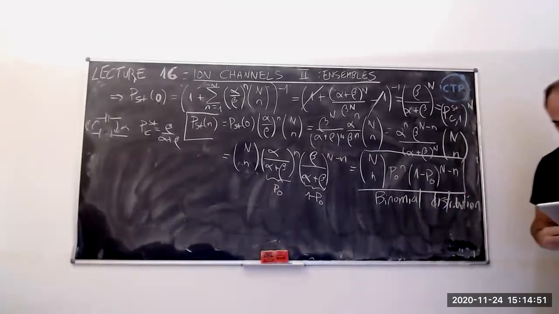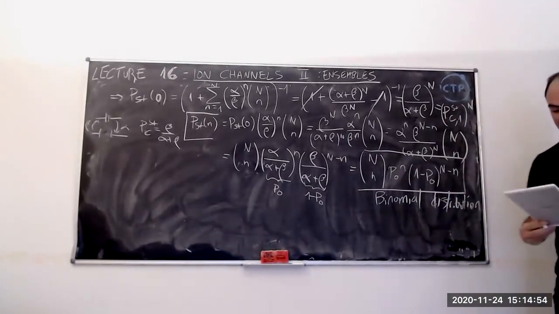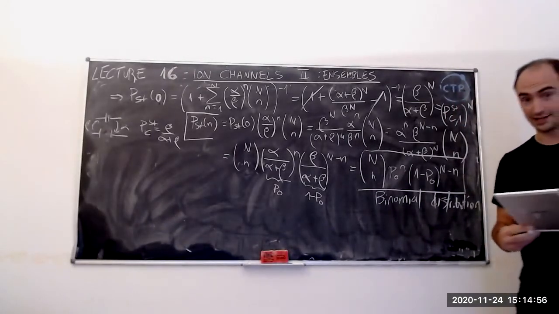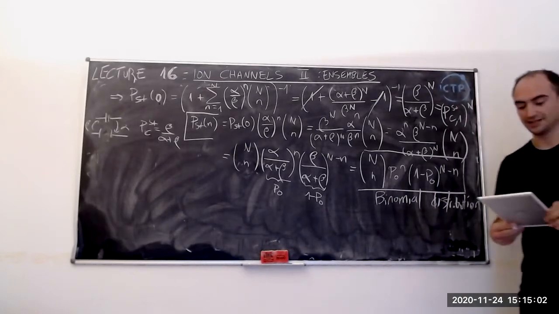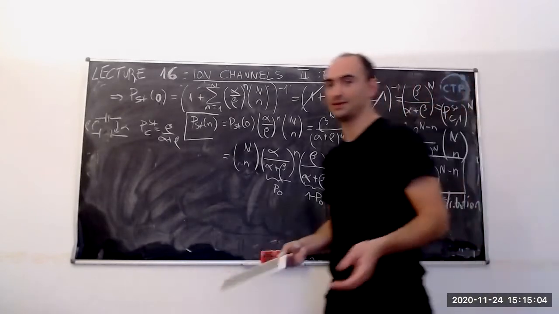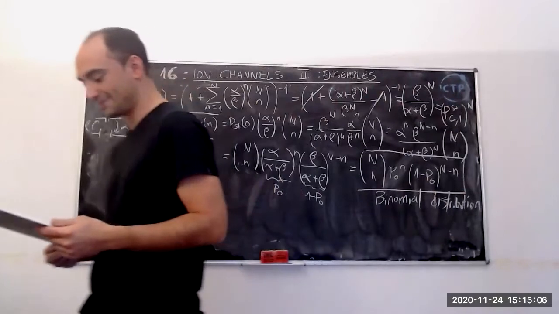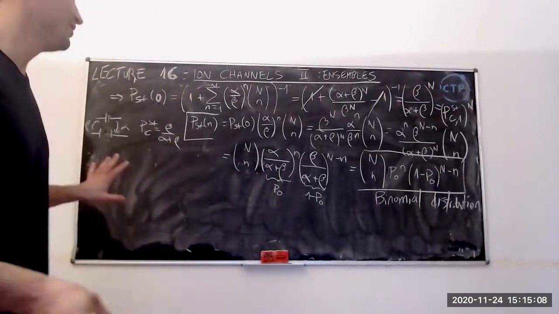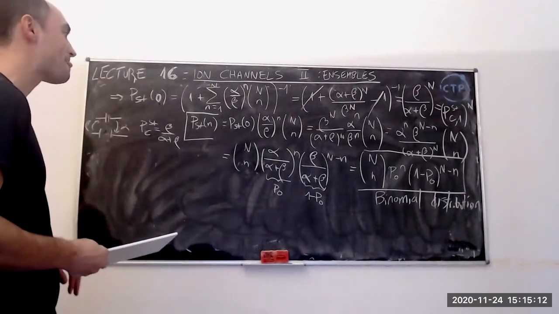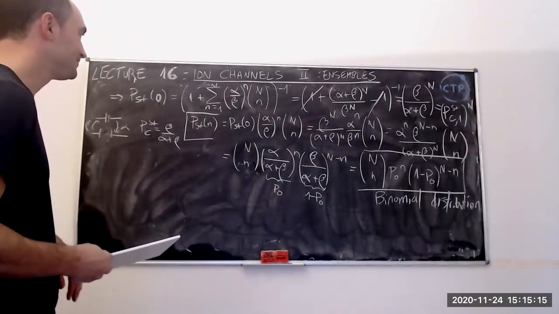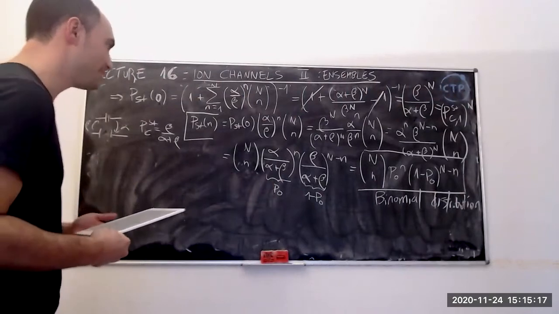Great. So it is like the probability that small n out of big N channels that are independent are open. So these are Bernoulli trials with success probability p0. Nothing else than that. All right, so with this, I'm almost done with what I want to explain. From here, we can also compute moments.